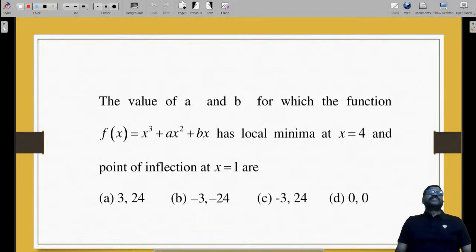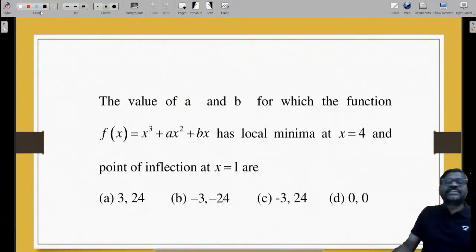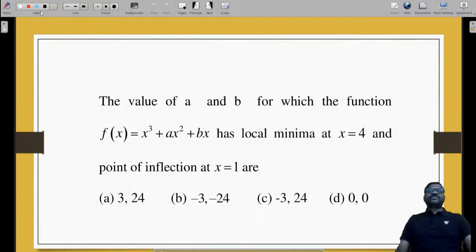Next one, the values of a and b for which the function f of x is x cube plus ax square plus bx has local minima at x equal to 4, point of inflection at x equal to 1.